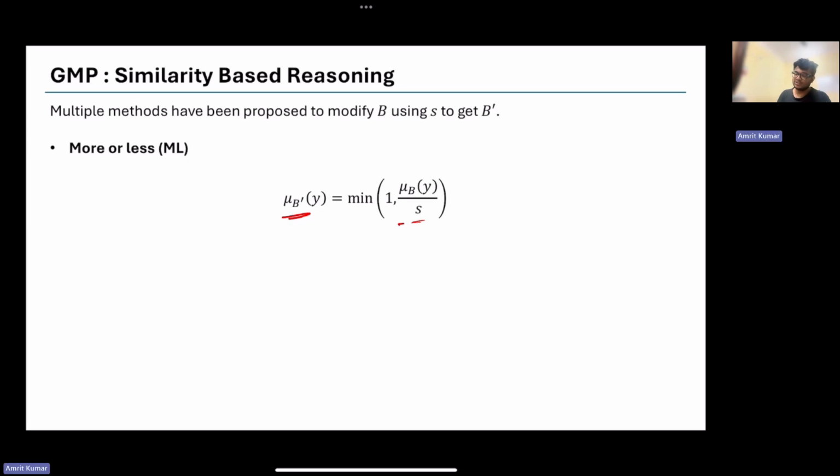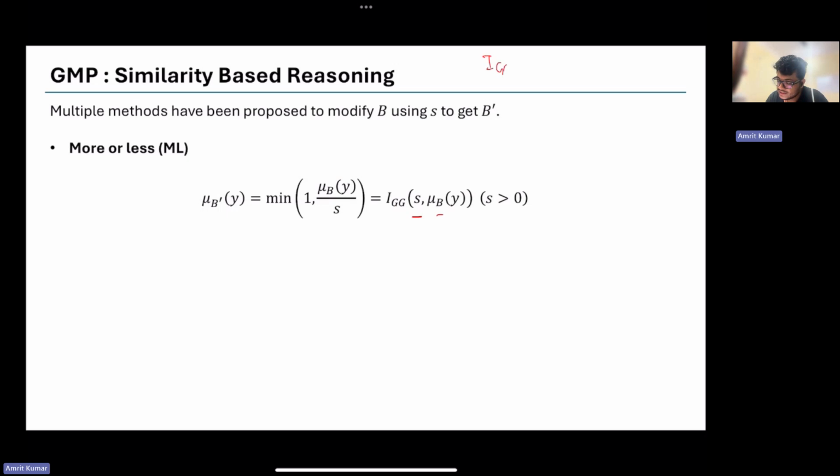So you compute the membership value of y in B, you divide it by S, and then you take the minimum, right? So this may not look very straightforward, right? But I hope I'll be able to convince you that there is a very good reason for defining B dash in this manner. So again, if you were a bit careful, you would recognize that this is nothing but the Goguen implication evaluated at S and mu B of y.